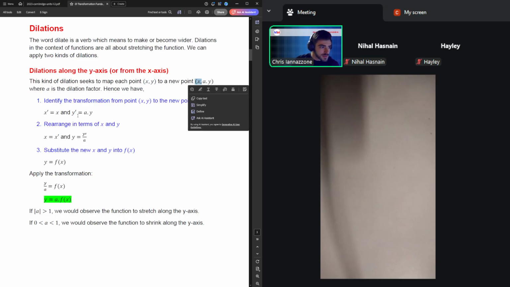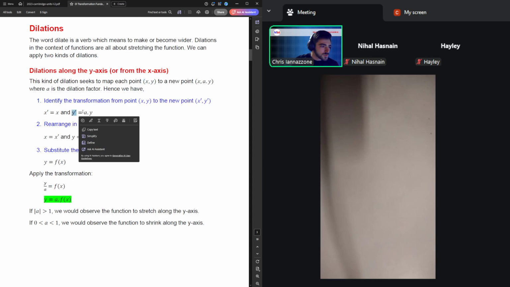Wherever you're going is going to get the x dash. So in other words, the new x is equal to the old x. Nothing's changed here. There's no factor that's been applied. And the new y is going to be a multiplied by y. All right, it's the coefficient applied to it. All this says is the new y is going to get ay.